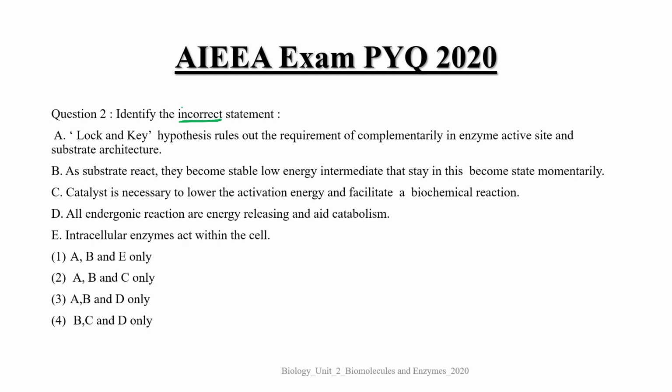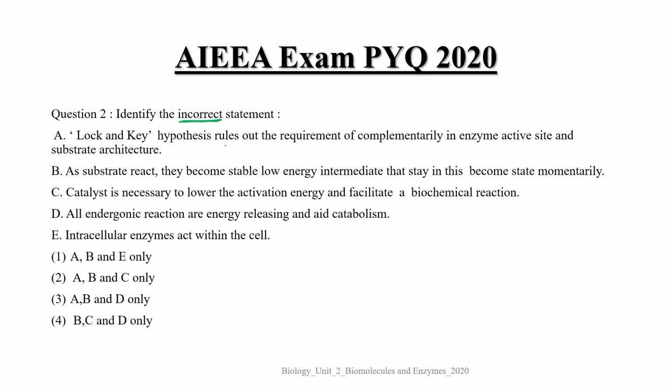Okay, now time up. Let's discuss the correct choice. In choice A, what is written? Lock and key hypothesis rules out the requirement of complementarity in enzyme active site and substrate.